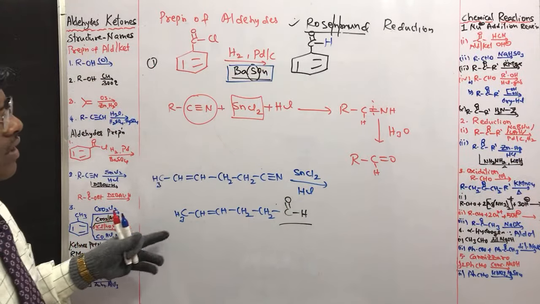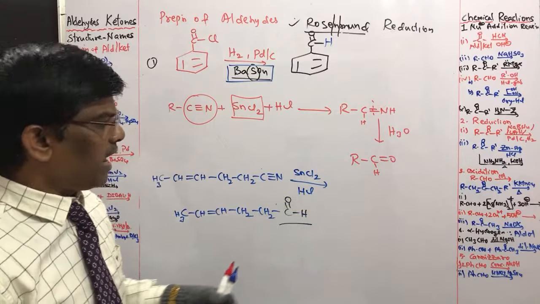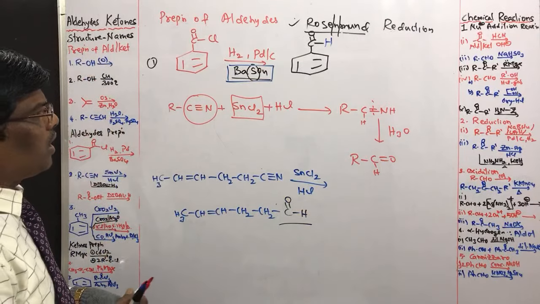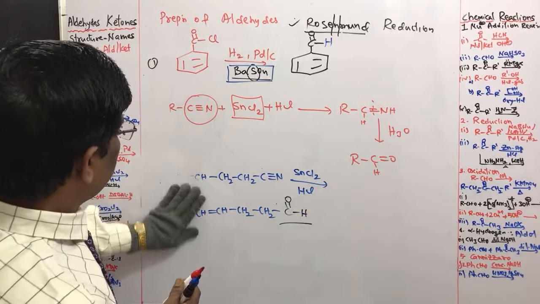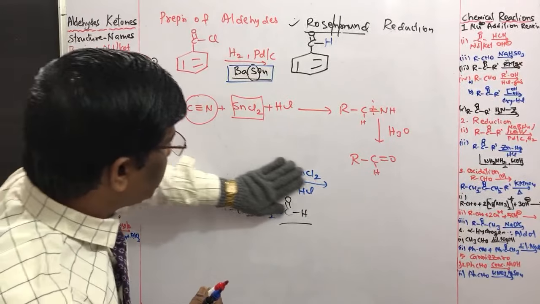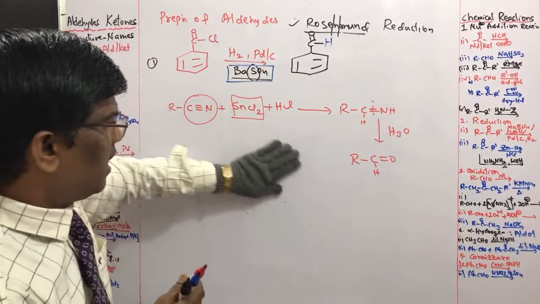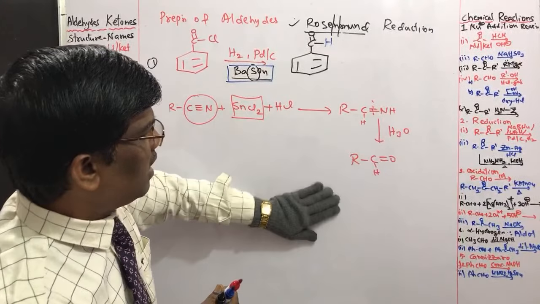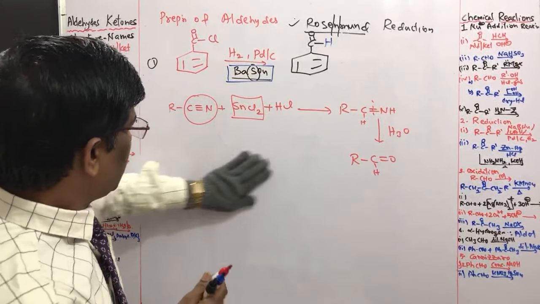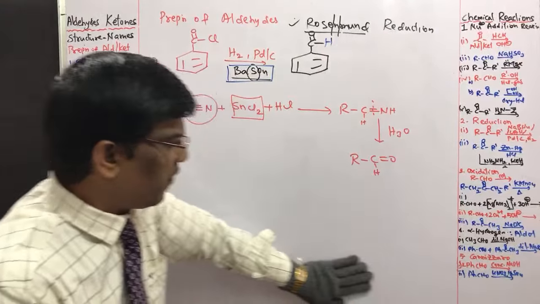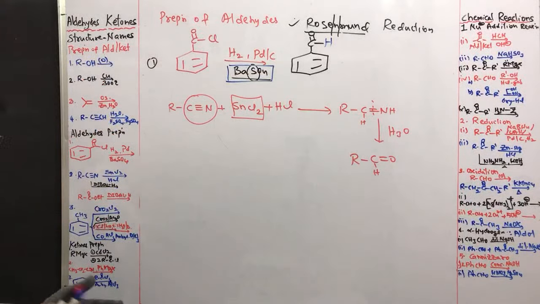So from nitriles we can do the preparation of aldehydes, and a very important reagent which has been asked in all sessions is DIBAL, diisobutyl aluminum hydride, a reagent which is specific for the reduction of nitriles.